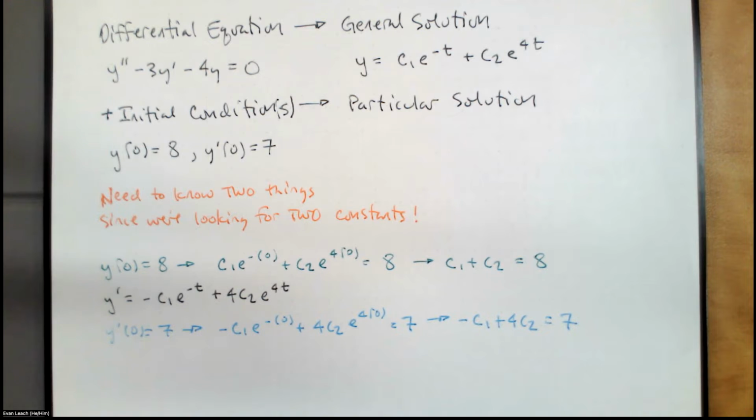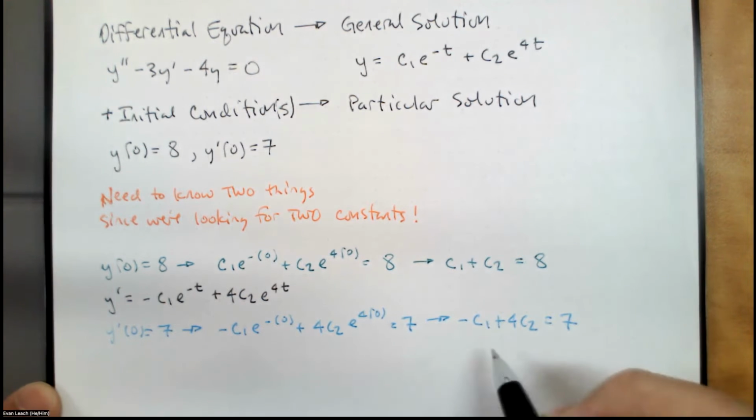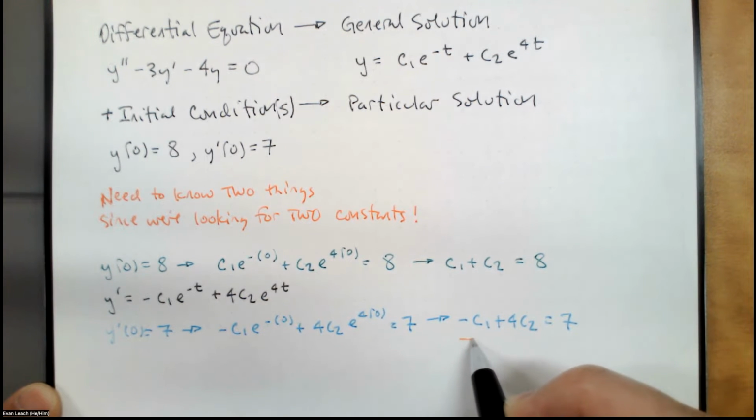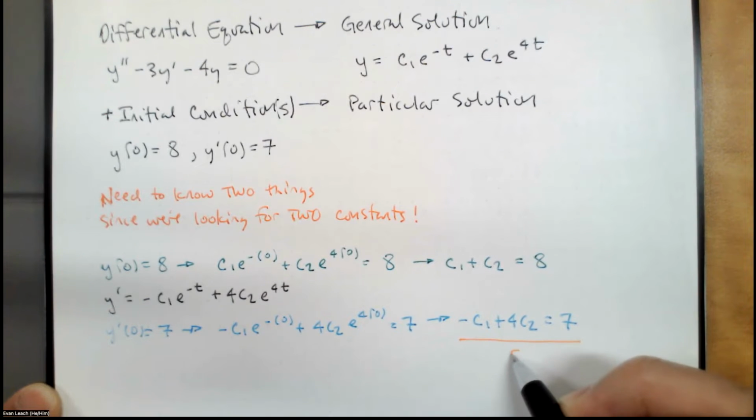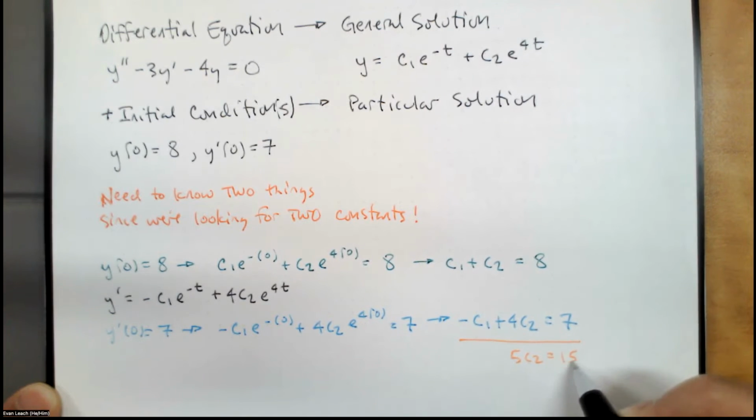So we need to solve this system of equations. If we just add the equations together, the C1s cancel out. And 5C2 is equal to 15. So C2 is equal to 3.